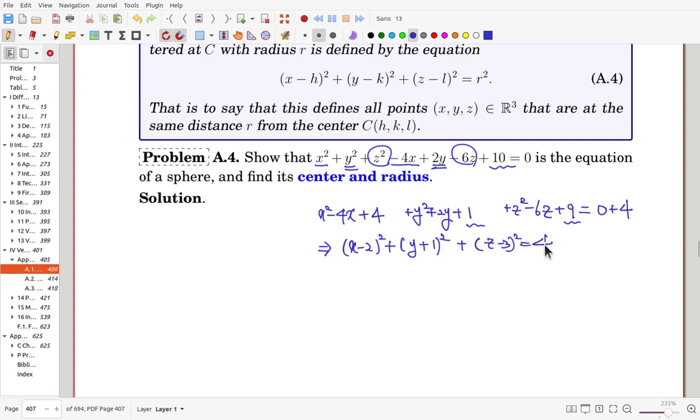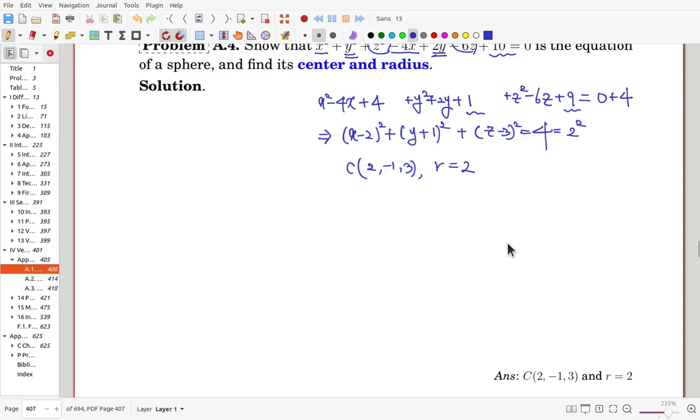And the right side is 4. Of course, 4 is 2 squared. So we found that the center is (2, minus 1, 3) and r is 2. And of course, the given equation is the equation of a sphere.